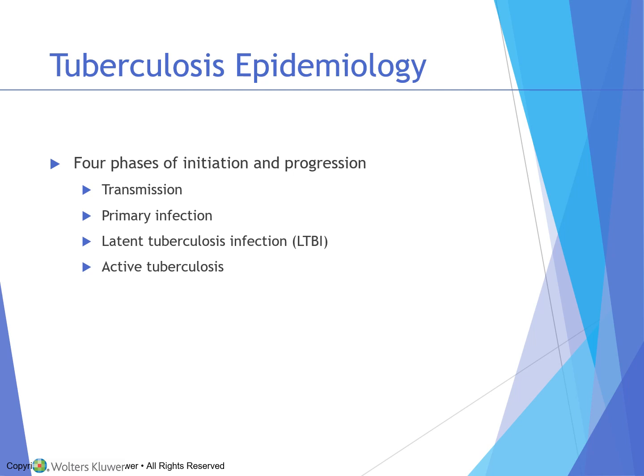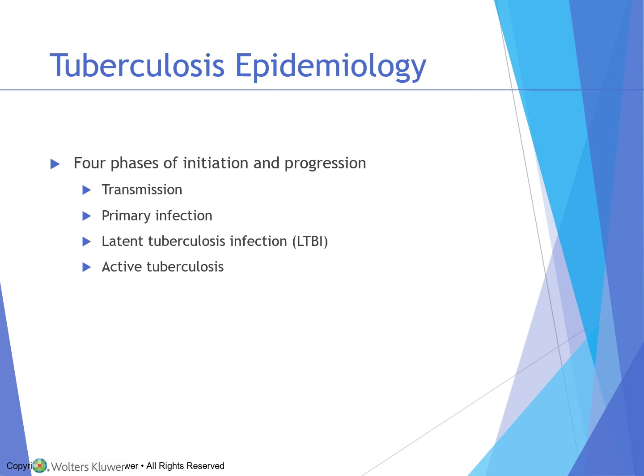The initial infection could happen 2 to 10 weeks after exposure, if it happens, and it may show symptoms like a pneumonia-like illness. Many times it is undiagnosed, but some of the other manifestations could be night sweats and cough.